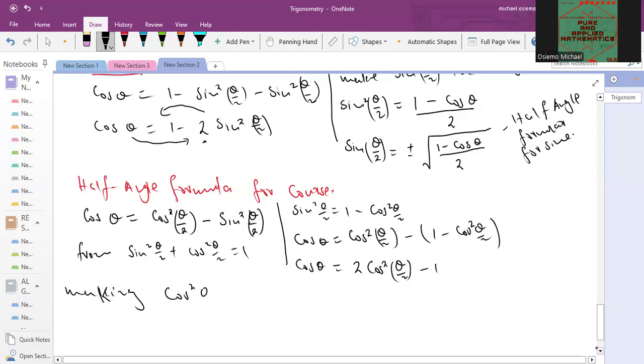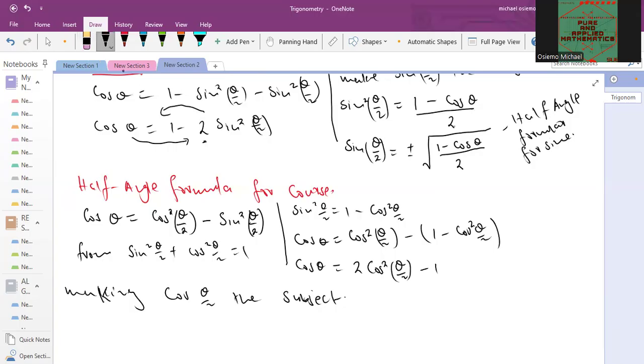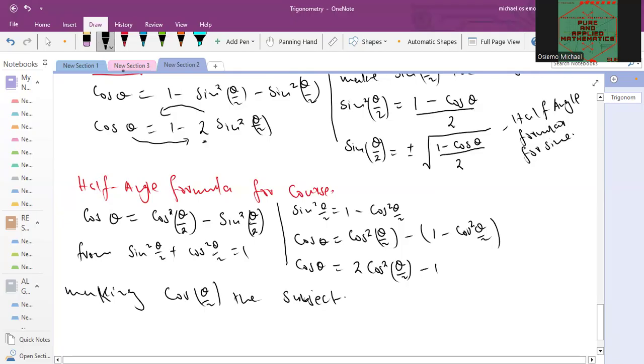Let us make cos theta over 2 the subject, so that you bring this negative 1 to the other side of the equal sign, and have 2 cos squared theta over 2 being equal to 1 plus cos theta.